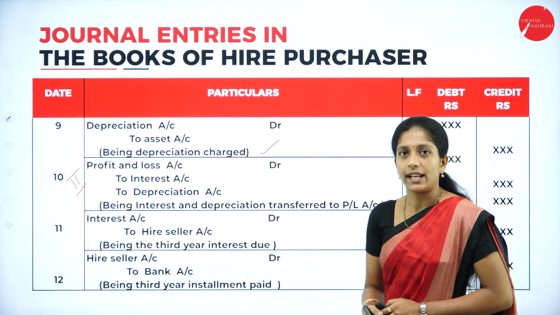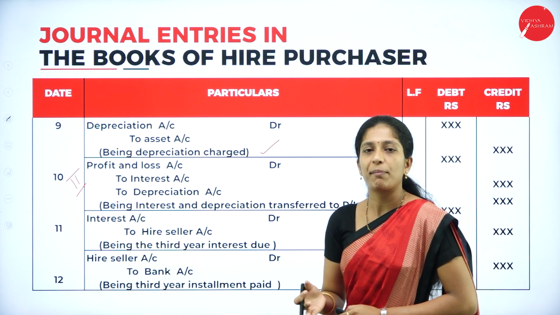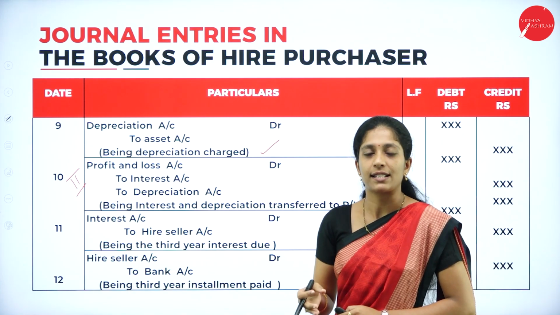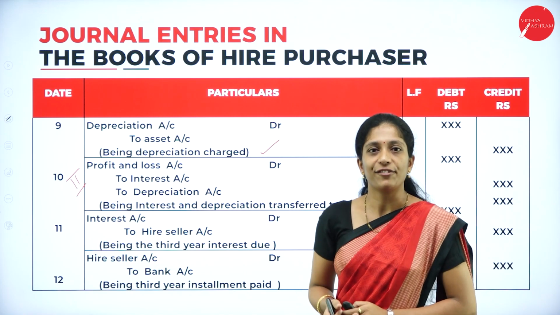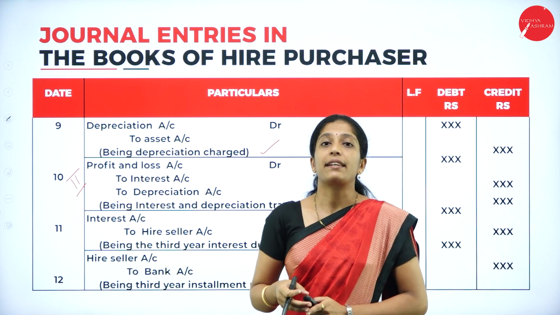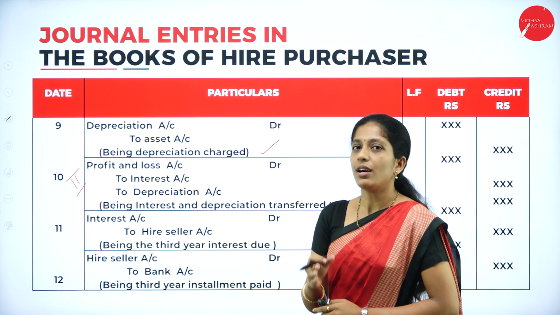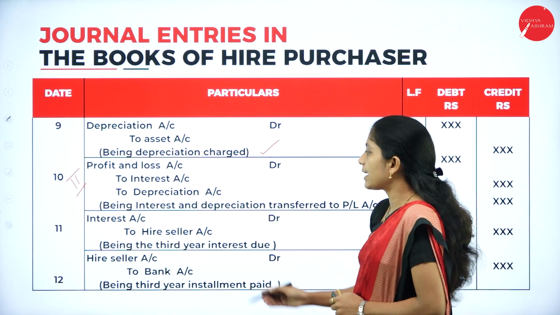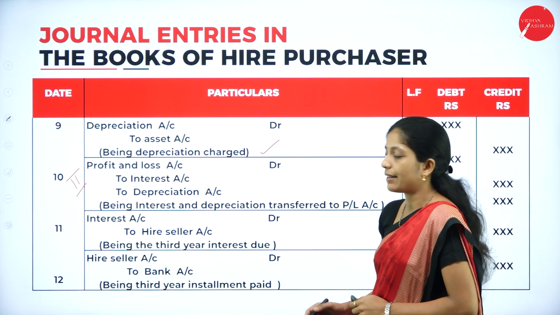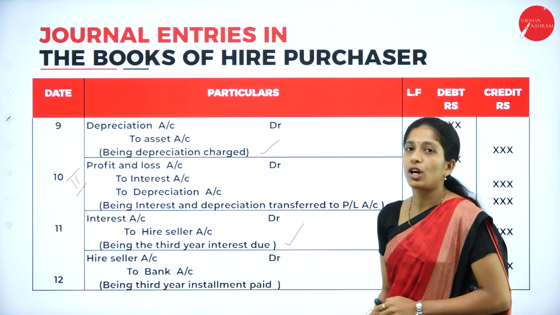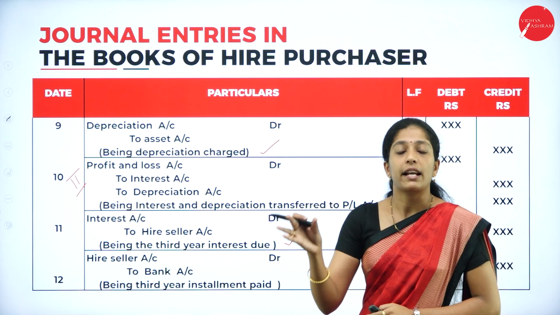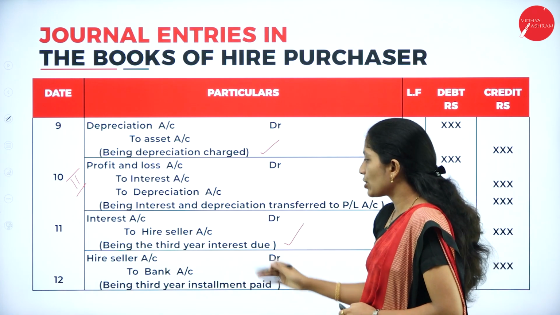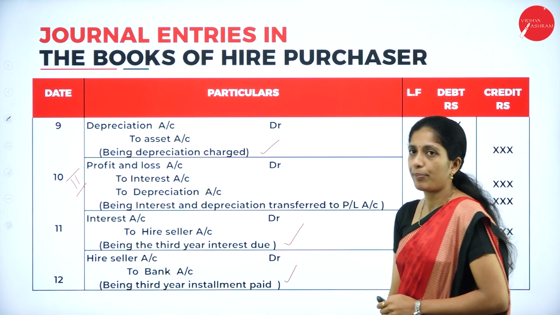Next, come to the third year. Here also there is no down payment and no receiving of asset, because it has already been done in the first year. So start recording the entries from interest due. The first entry is for interest due: interest account debit to hire seller account, being the third year interest due. Next, for installment paid, hire seller account debit to bank account, being third year installment paid.